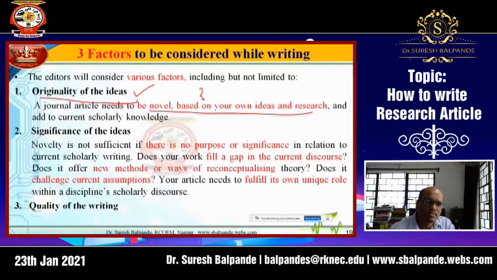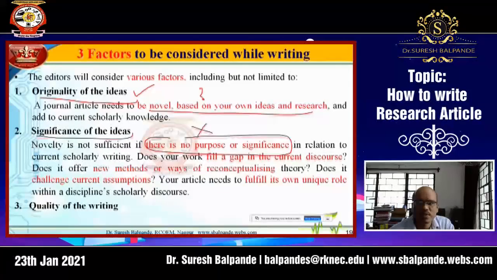Suppose your idea is very novel and very good, but whether it really has significance, whether it will have impact, that is also checked. Sometimes you have a very novel idea, but there is no purpose, no significance, then it is straightaway rejected. The second important point, as we have just seen, is the research gap. Have you considered, have you filled that research gap or not?